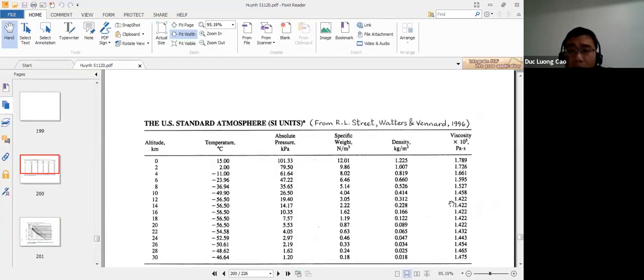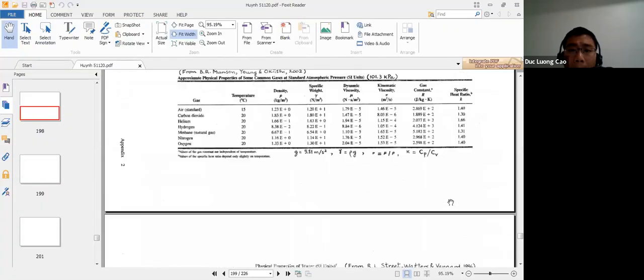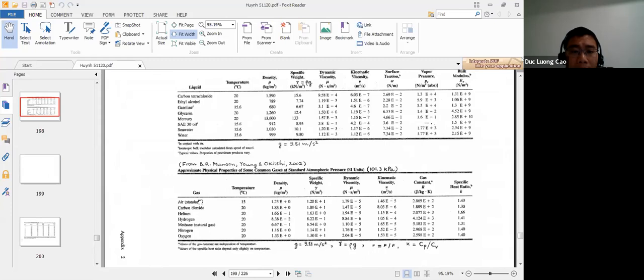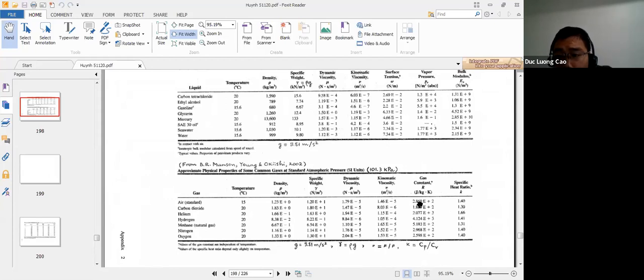Let me show you the table. Gas constant. For air, the gas constant is 286.9.